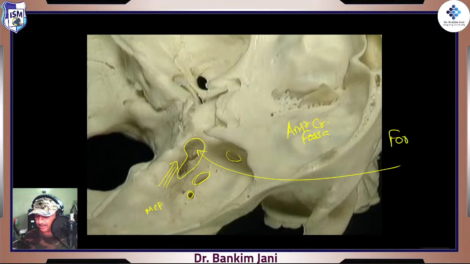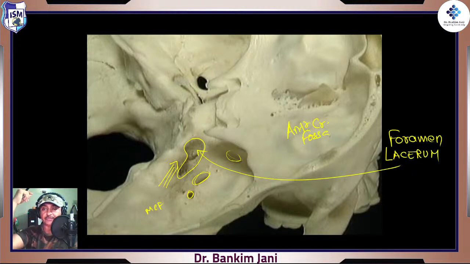This is foramen lacerum. We talked about this. The other end of the carotid canal is the foramen lacerum, which is very rough, and outside it is very cleanly defined. So this is inside the skull.